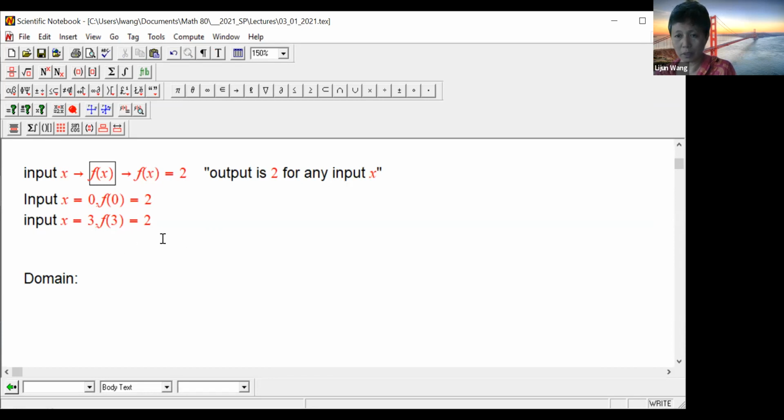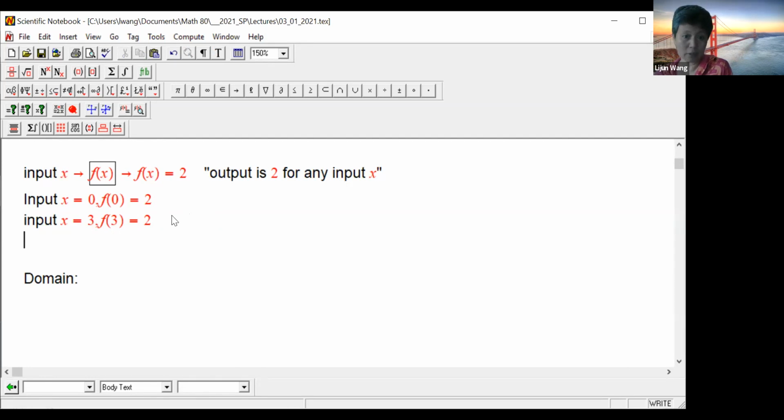The domain is what? What number can this rule apply to? Plug in for X. Right, you give me a value for X, the output is going to be 2.